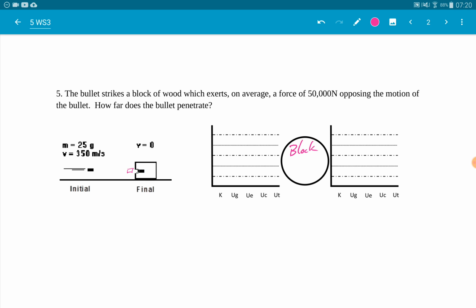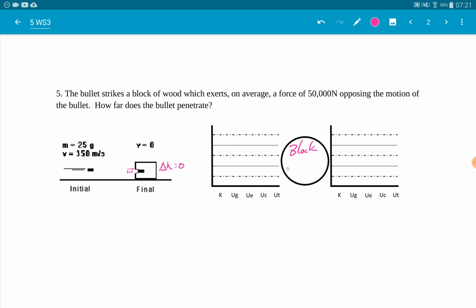So it's really just when it's traveling inside the block, which probably isn't that far, measured in maybe an inch, 2, maybe 3 at the most. Depends on the bullet and the gun, obviously. So the height change is basically minimal, so we're saying it's going to be 0 here.